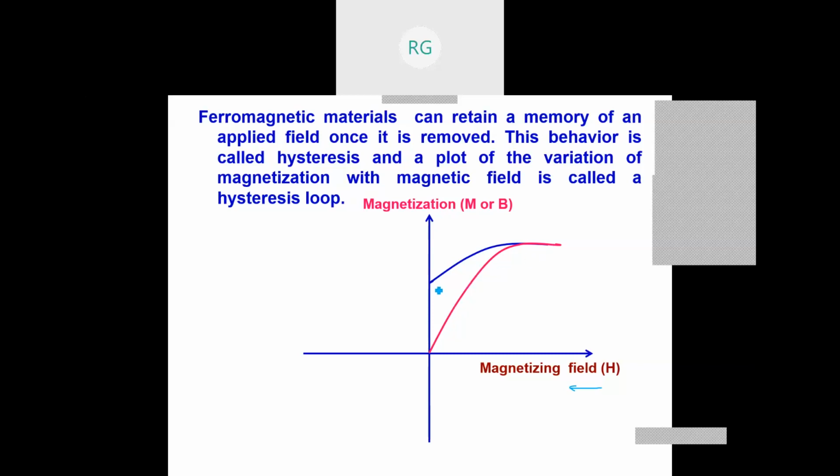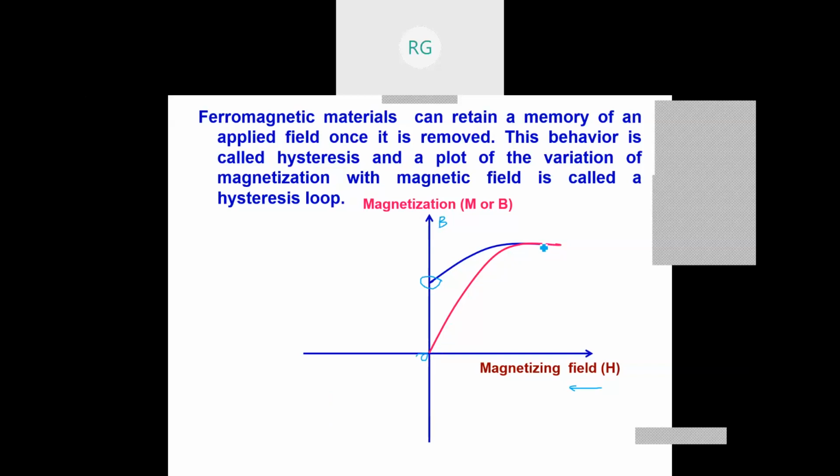So therefore, you can see that here the magnetization or B is not zero even though the applied field is zero. That means the sample is not coming to a completely demagnetized state. We started with the magnetic material in a demagnetized state and magnetized it completely, and I want to demagnetize it.